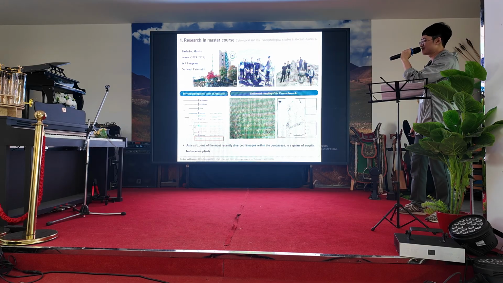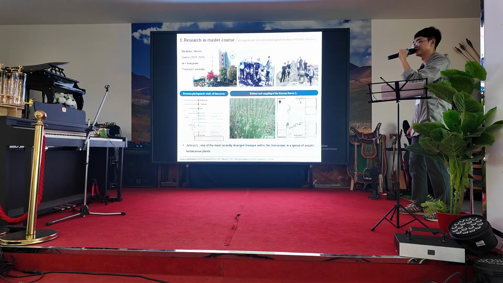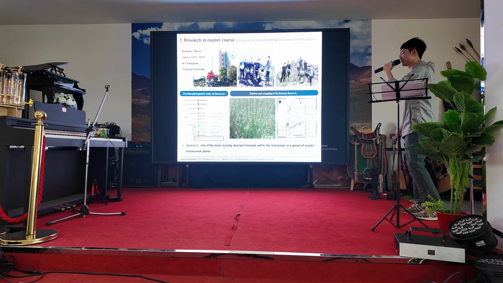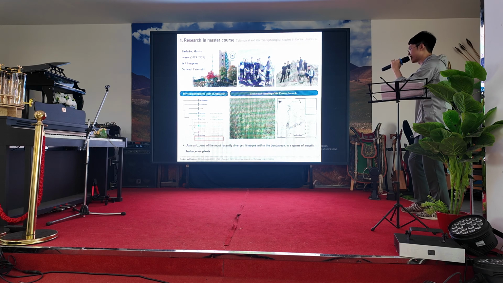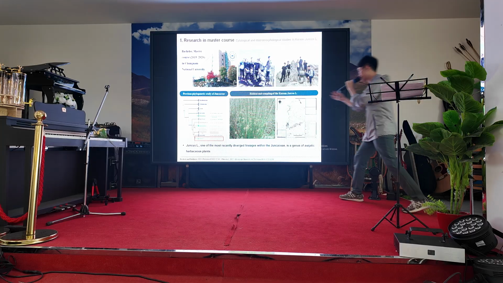In this study, I focused on cytotaxonomical and micromorphological analysis to investigate the evolutionary patterns and taxonomically useful characteristics. Over the course of 2 years, I conducted extensive field work across South Korea.